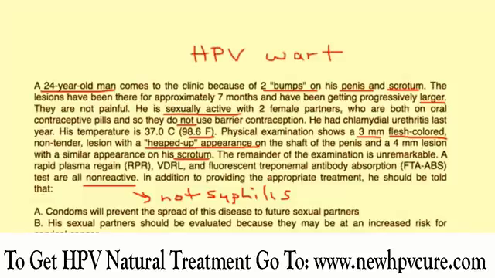And of all the answer choices, the one that stood out for me is once they started talking about cervical cancer. His sexual partner should definitely be evaluated and told that they may be at increased risk for cervical cancer. And if indeed they are, then that definitely needs to be addressed as soon as possible.